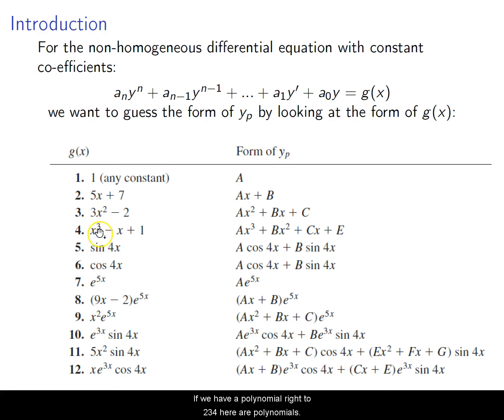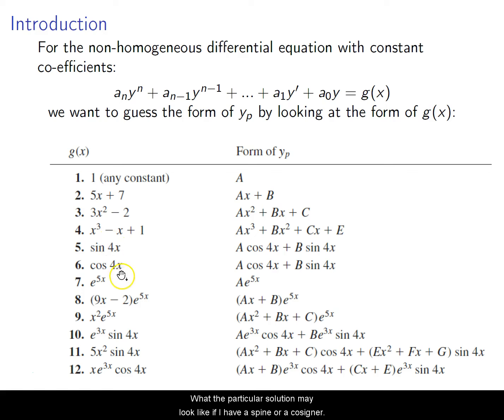If we have a polynomial, right, so 2, 3, 4 here are polynomials, we will have a general form polynomial of the same degree, right? So notice here, I'm missing a second term. There's no x squared term. My solution could have an x squared term, okay? So the general form of whatever degree the polynomial is what the particular solution may look like, okay?